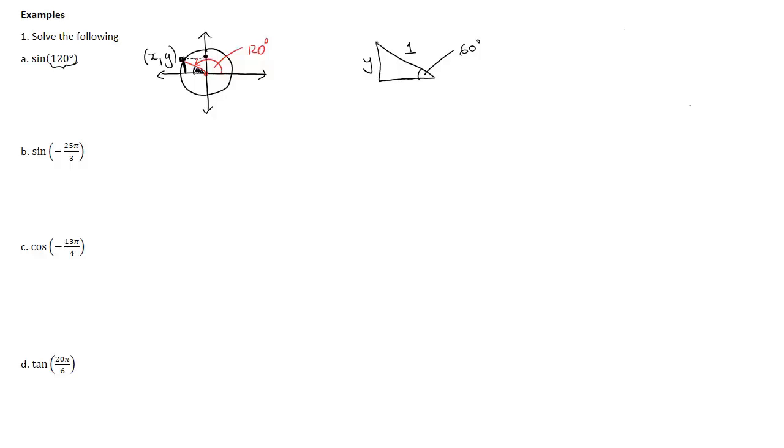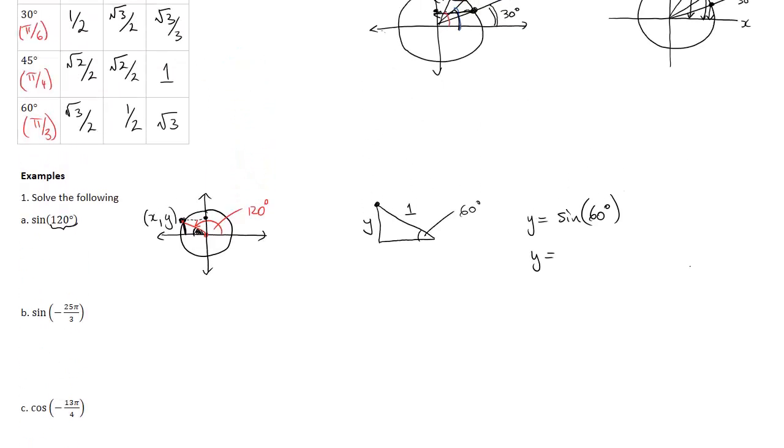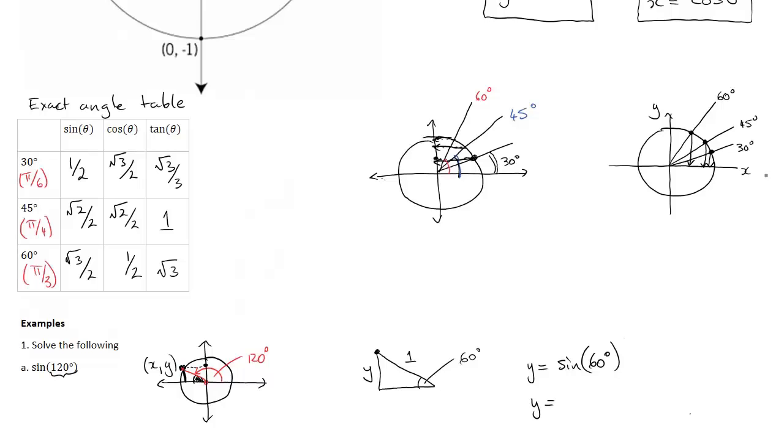To find that point there, you can just go y is equal to sine of 60 degrees. Okay, and then using your exact table from just above, we know that sine of 60 degrees is square root of 3 on 2.